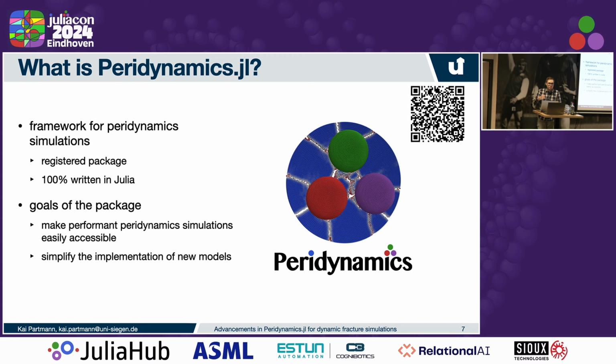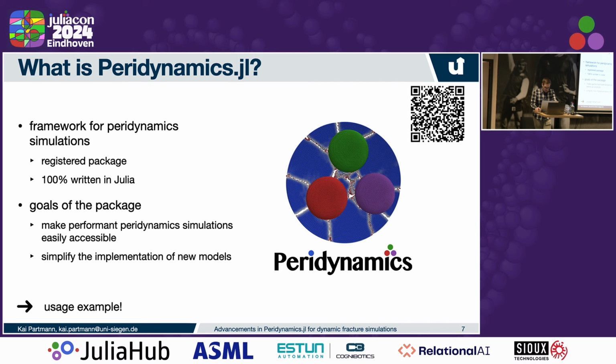For me it was also a reason to implement these, because new material models were very hard to implement for me, and it could be made easier for other people too if there's a Julia package. There are also packages out there in C++ or other languages, but they're very hard to use. And you can write Julia code to obtain a simulation with this package.